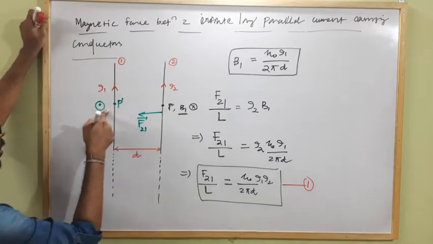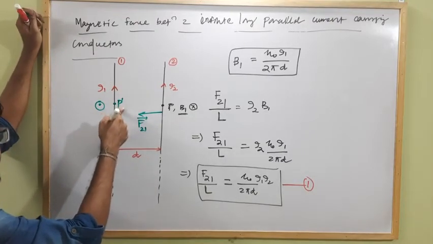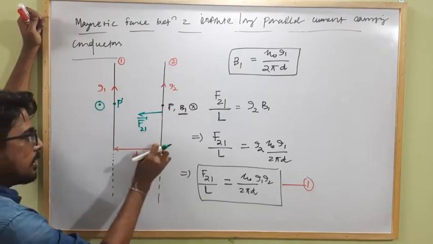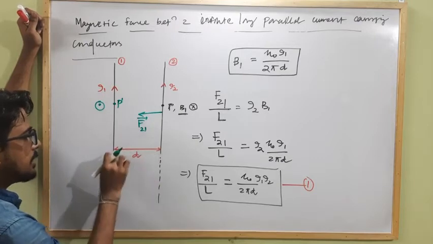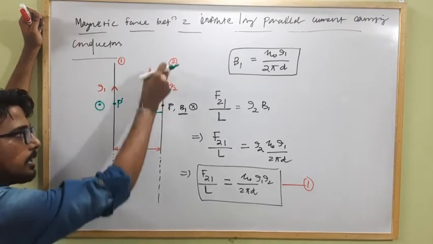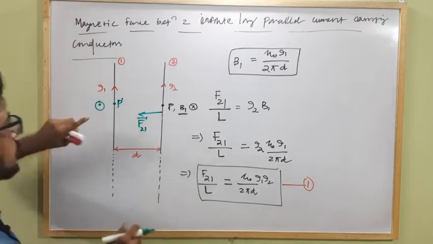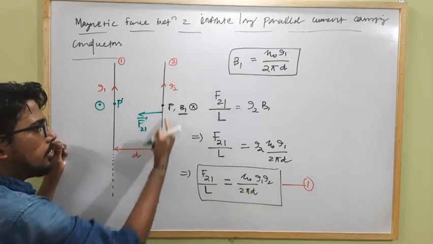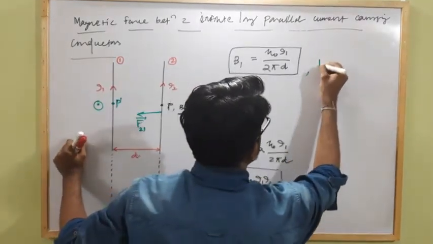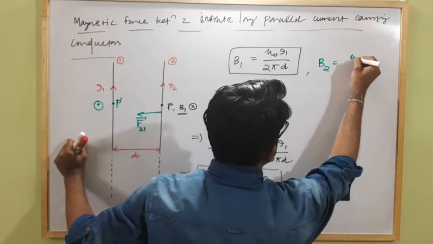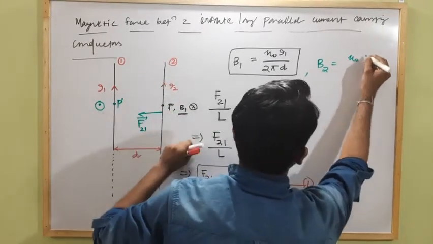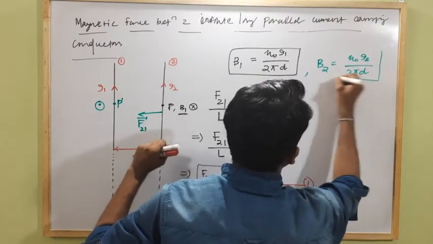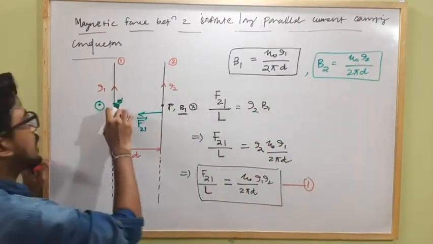And what is the strength of magnetic field at the point P dash? As it is an infinitely long straight current carrying conductor, and the point of observation P dash is at a perpendicular distance D from this conductor, the magnitude of the magnetic field strength at P dash, because of current carrying conductor 2, is given as B2 equal to mu naught I2 divided by 2 pi D. This is the expression for magnetic field strength at P dash.